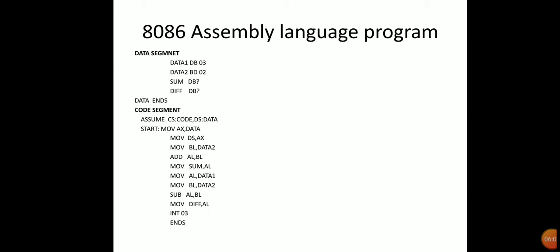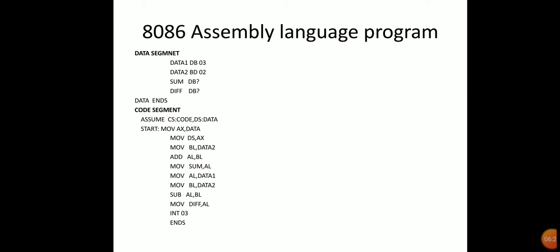So the operation is: the AL output is the sum, moved to the same accumulator register. So data 1 is stored in the accumulator and data 2 is stored in the B register.